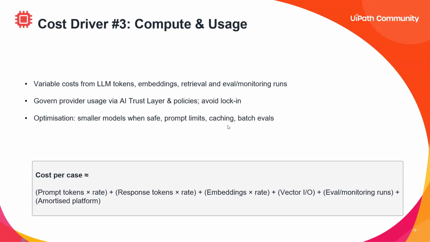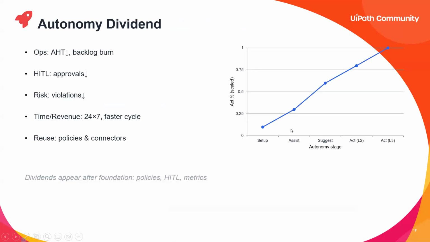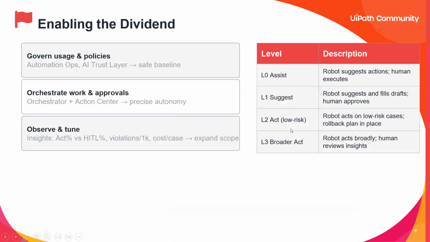Deepak, if we have one job run cost and I want to optimize, is there any thumb rule, like first the minimum monitoring runs should be this, or the minimum prompt tokens should be this, and the minimum response tokens should be this, and then you start increasing it? Any thumb rule?